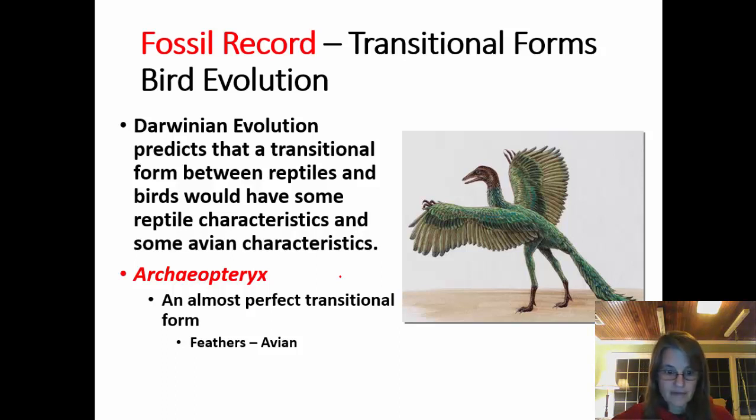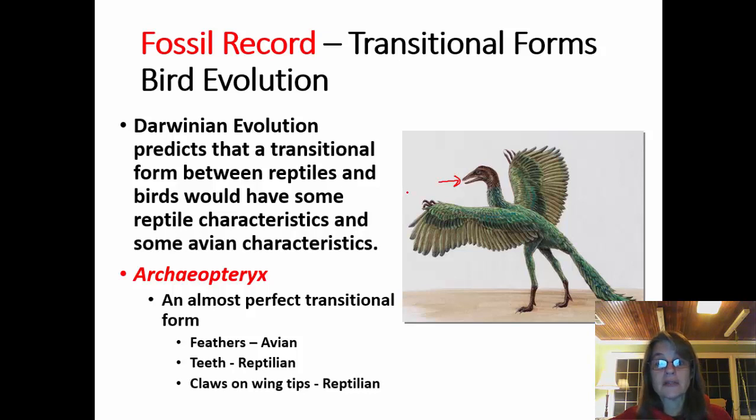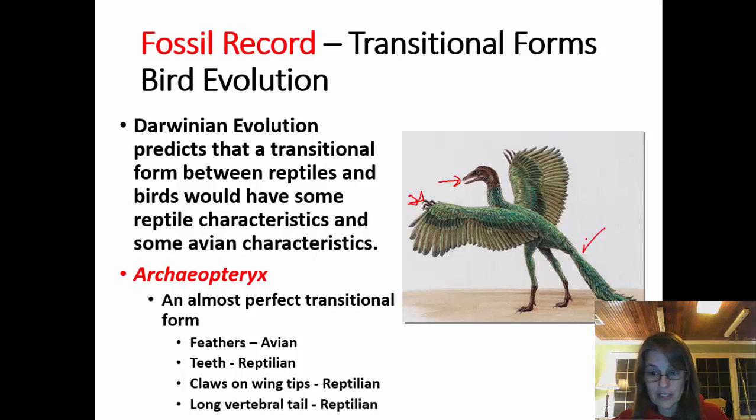And clearly are avian. Feathers are unique to birds. However, it had a heavy skull with full teeth, which we do not see in modern birds. It had claws on its wingtips. Look at these digits on its wingtips. Obviously, we don't see that anymore in modern birds. It had a long tail that had a vertebral column in it. We don't see that in birds anymore.